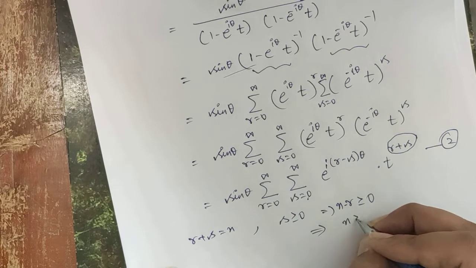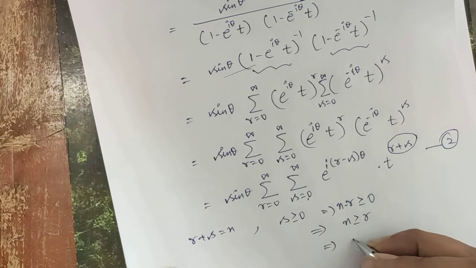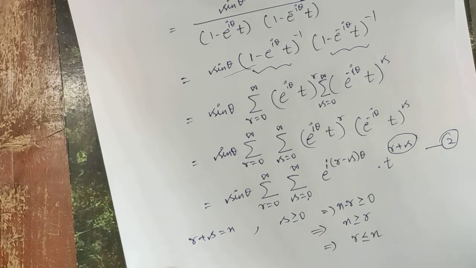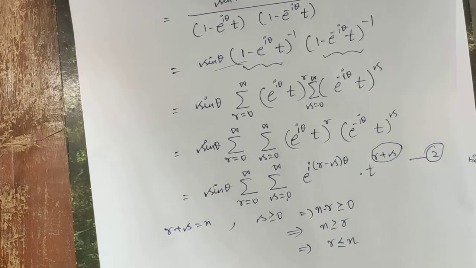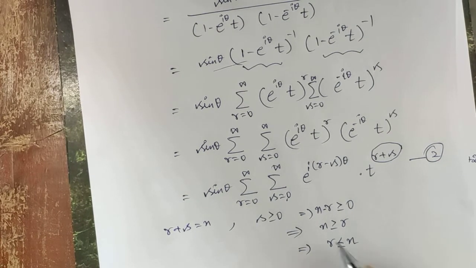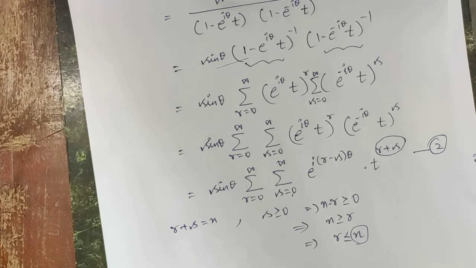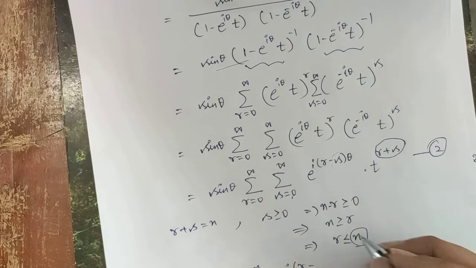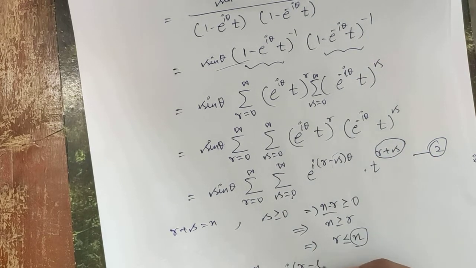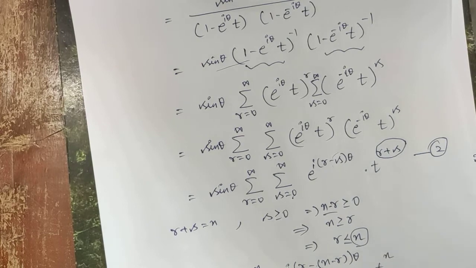From this n is greater than or equal to r. This is nothing but r is less than or equal to n. That means r is varying from 0 to n, right? So I can write this whole part as sin theta into summation r is equal to 0 to n, e power i into (r minus s, which is nothing but n minus r) into theta into t power n.